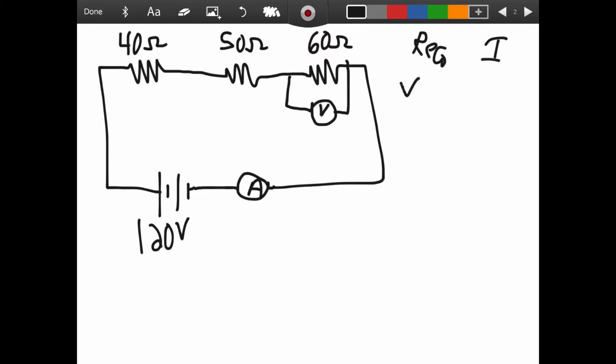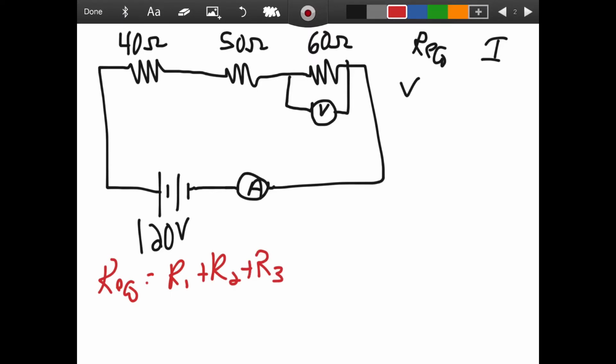Okay, so the first thing that I want to do is find the total resistance. So the first thing, always write our formula for total resistance: R1 plus R2 plus R3.